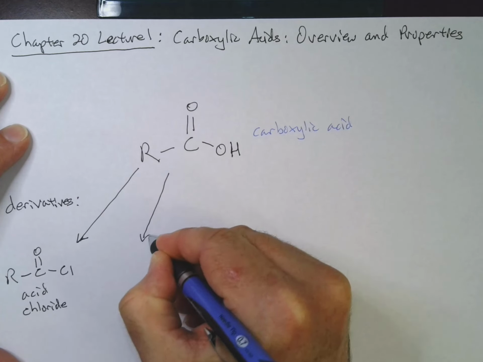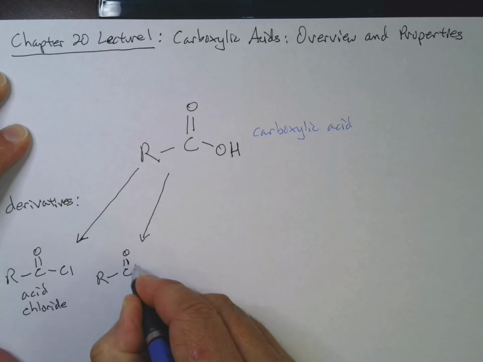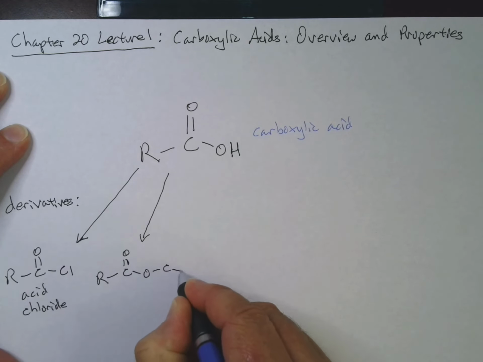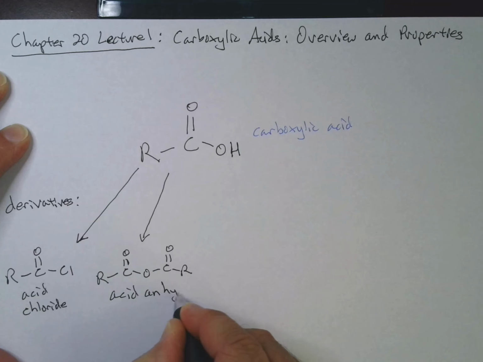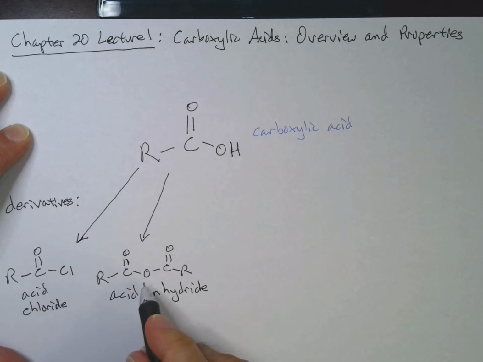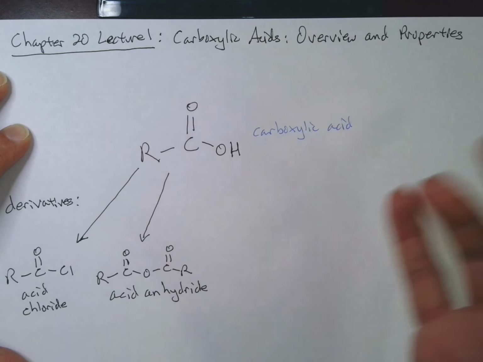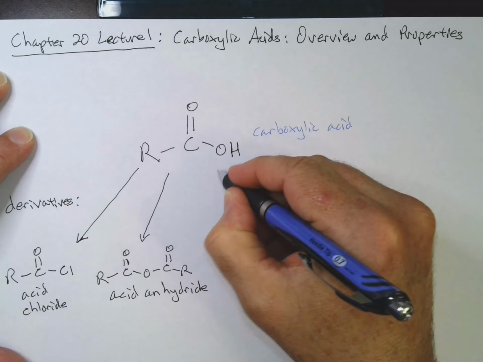We could also have an acid anhydride, which is really two carboxylic acids joined together with loss of water, hence the term anhydride, without water.